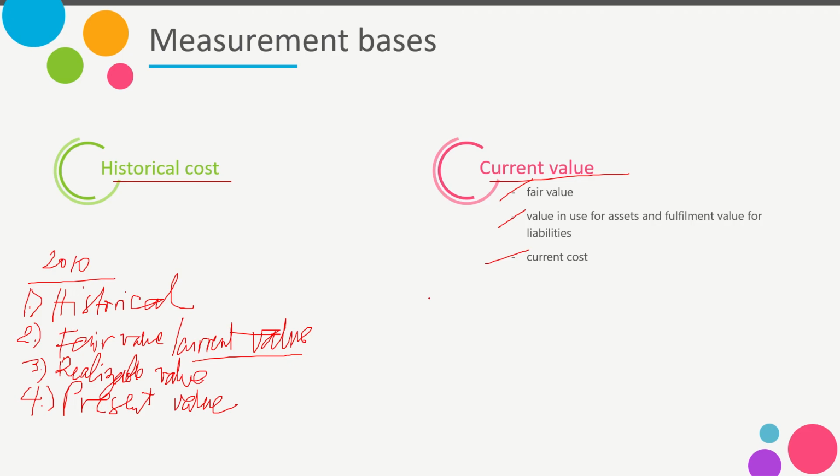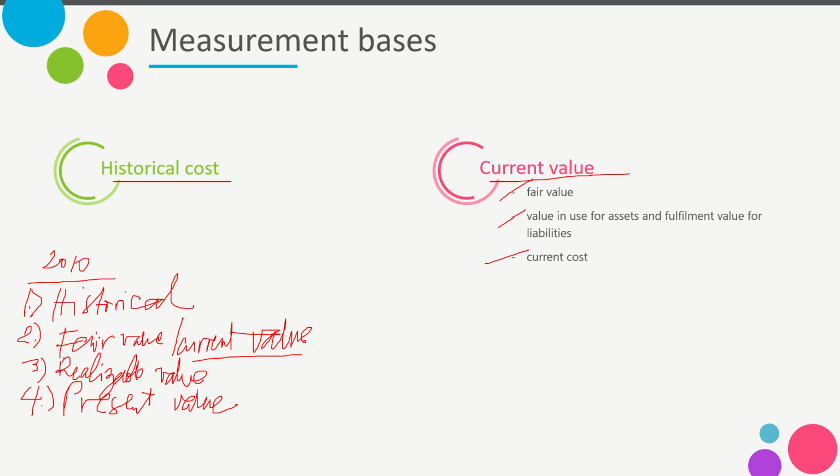Sir, why did present value and realizable value disappear? Later we will explain that one by one, since we will go through historical cost and current values. So please take note of that as one of the changes in the measurement basis from the 2010 to the 2018 version.